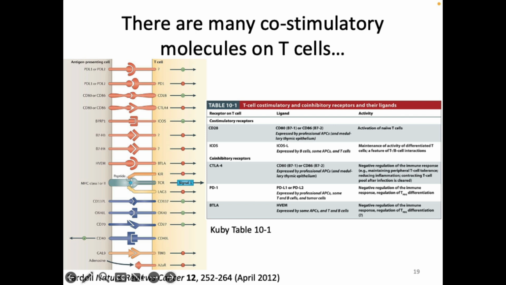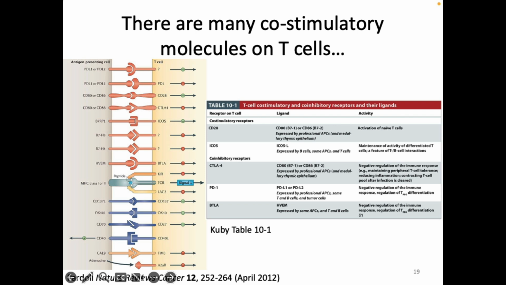What I want you to notice in the image on the left, with all the different possible co-stimulatory molecules, is that when we look at the T cell, some of those types of signals give you green plus signs. Other ones give you red minus signs.